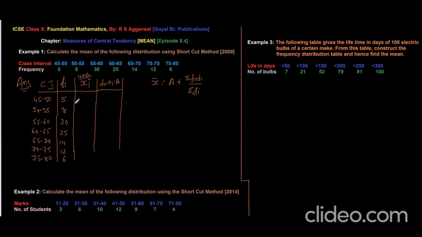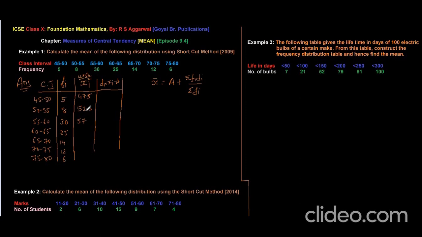So 45 plus 50, that is going to give you 95. So 95 divided by 2, you will be having 47.5, then 50 plus 55 divided by 2, that is 52.5.